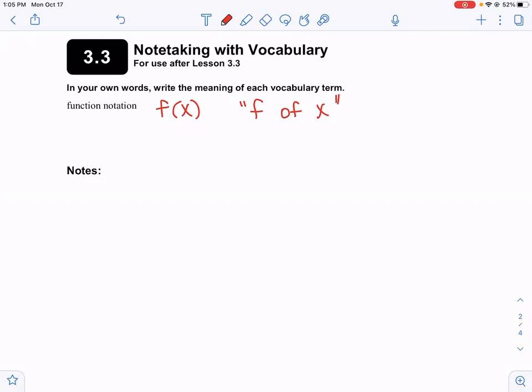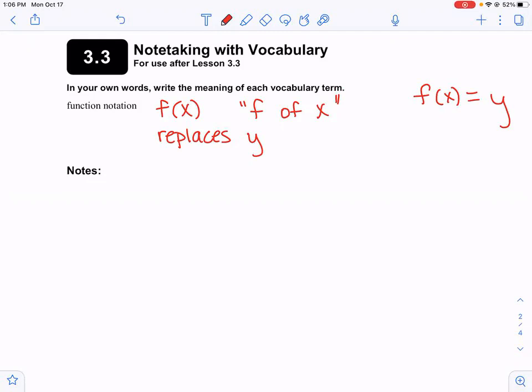is an output. Okay, f of x is replacing y. Okay, f of x is the same thing as y. So when you see an f of x, it's just representing an output.